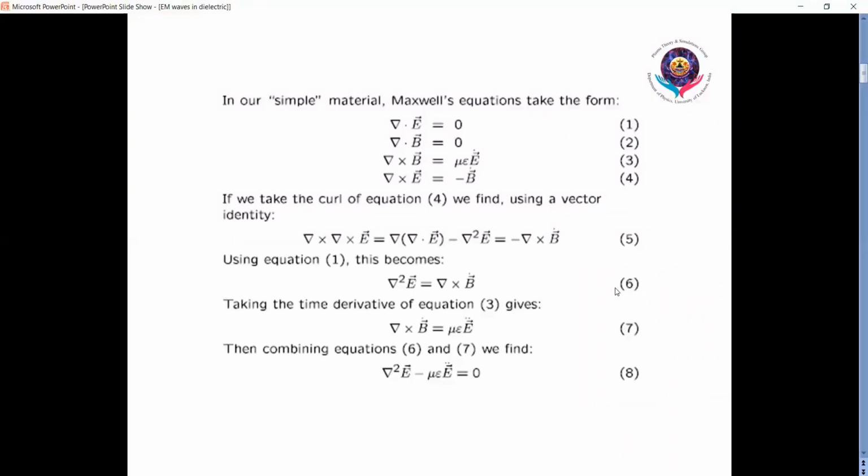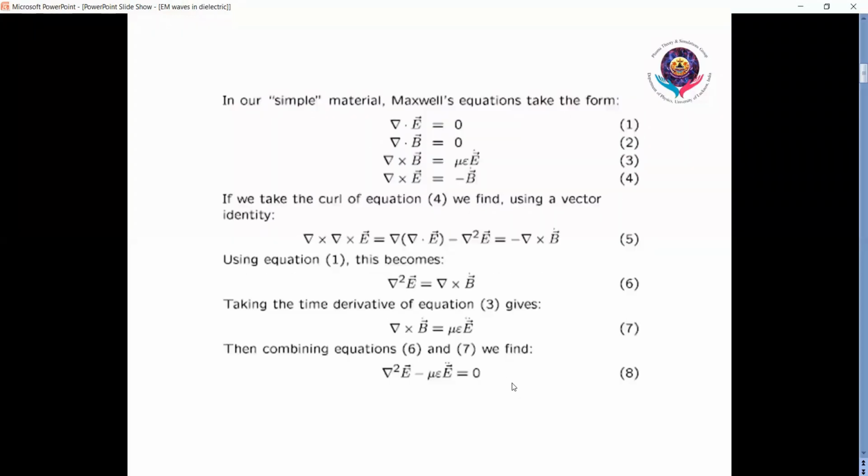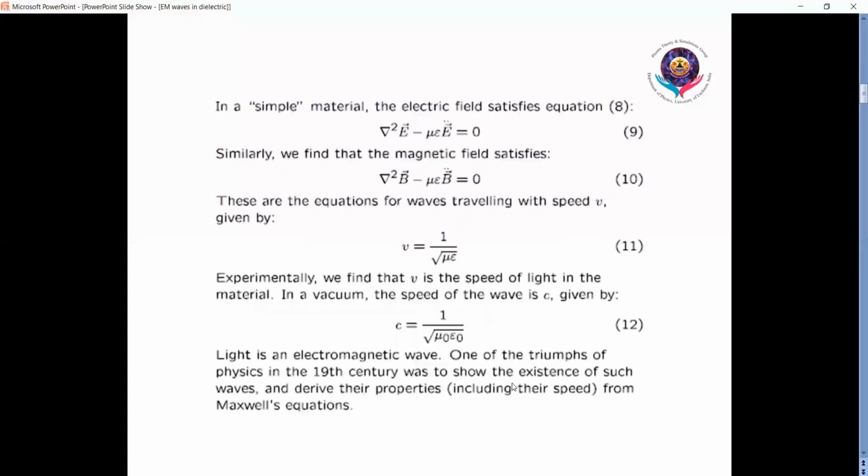So from equations 6 and 7, we equate them, take this term down to the left hand side, and the equation becomes what you can see in equation 8. We can write this equation again like this.